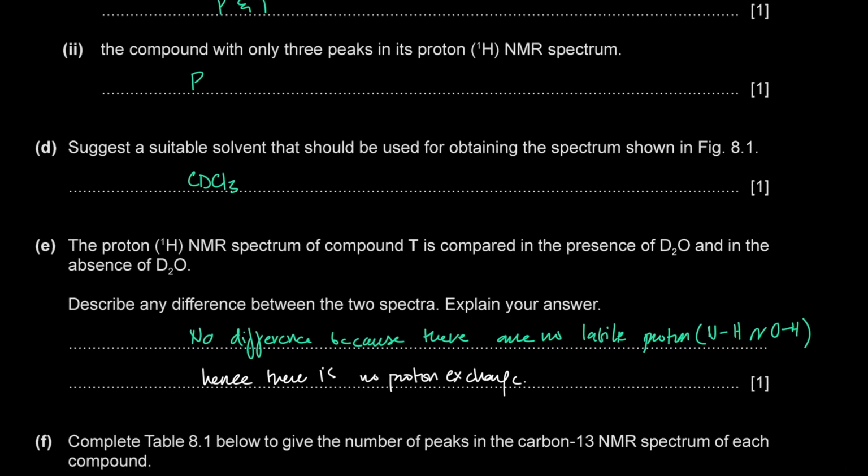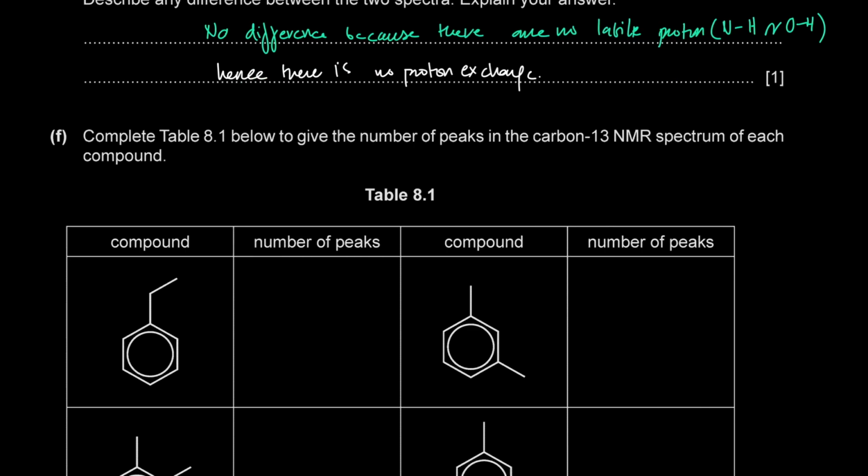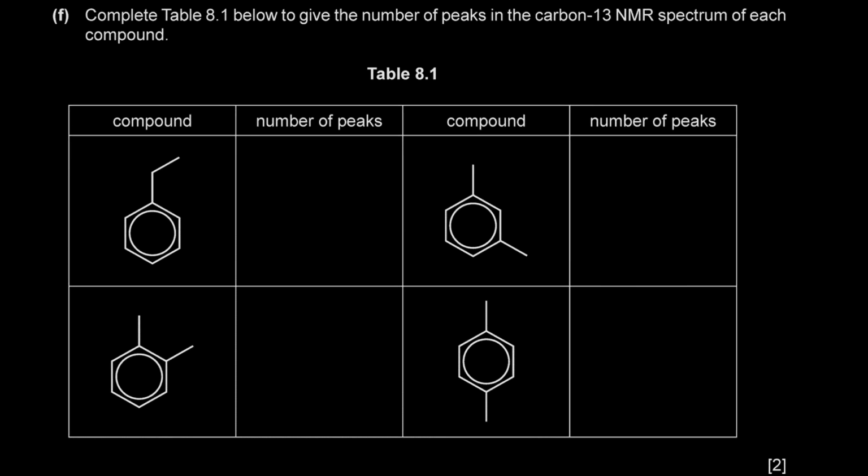Complete table 8.1 below to give the number of peaks in the carbon-13 NMR spectra of each compound. When we talk about carbon-13 NMR, we're trying to identify the number of non-identical carbon atoms, or the number of different carbon-13 environments. That'll be the number of peaks. So in the first compound, we have a line of symmetry here.